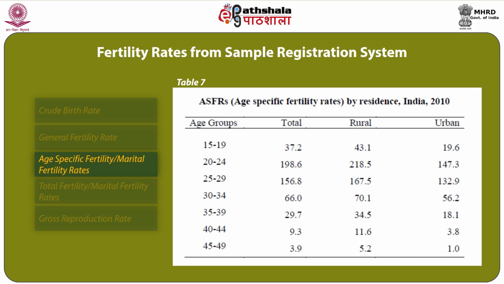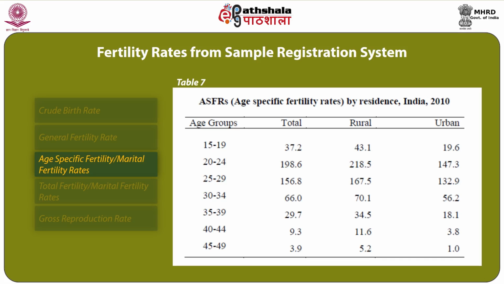In the last age group interval, that is women in the 45 to 49 years age group, the age-specific fertility rate is at the lowest level, only 3.9 in the total population. In rural areas it is 5.2, and in urban areas it is the least, only 1.0.